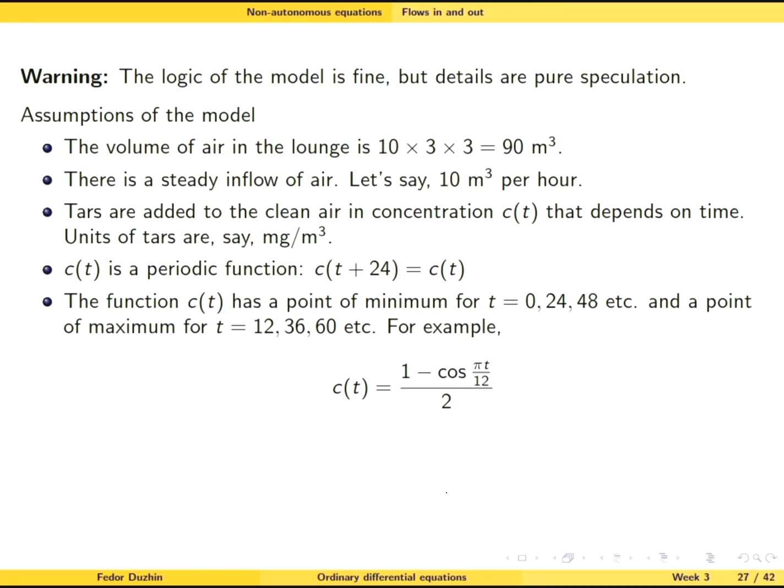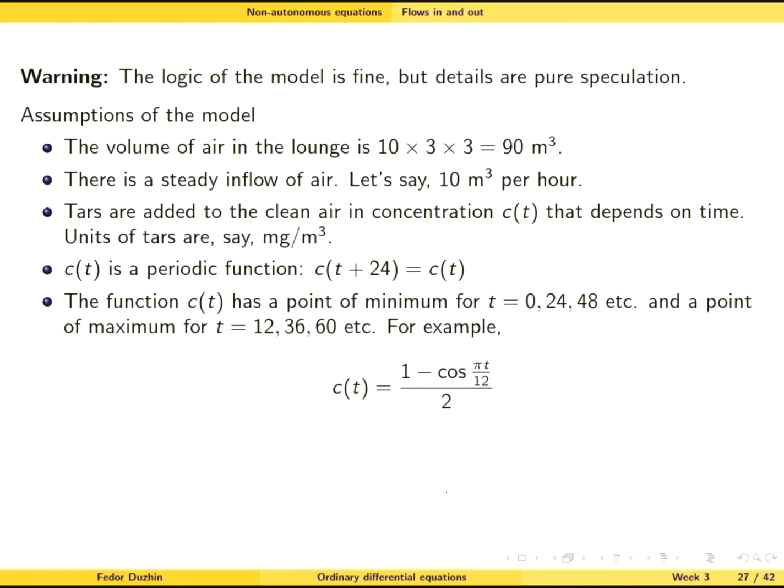Just to come up with a periodic function that has points of minimum when t is 0, 24, 48, and so on, that is midnight, and points of maximum at 12, 36, and so on, that is noon, I just thought of the simplest trigonometric function, and that's what we are going to do.